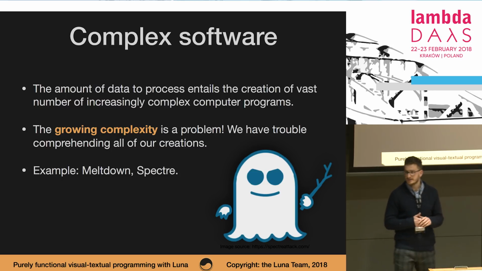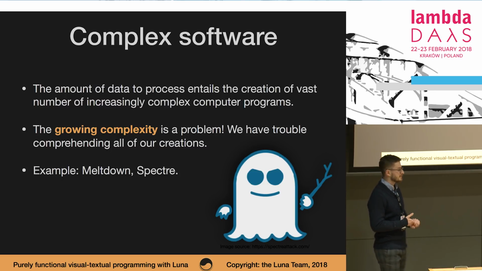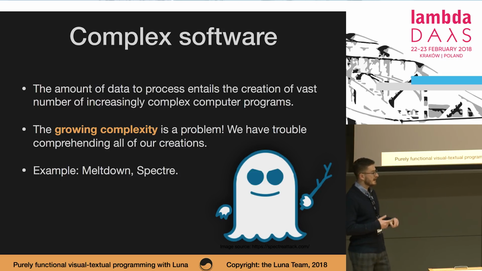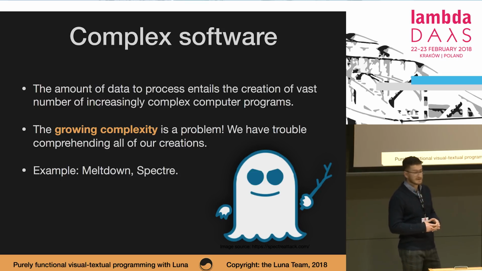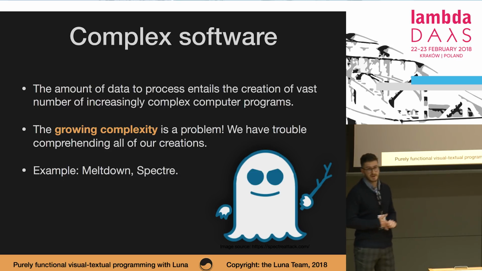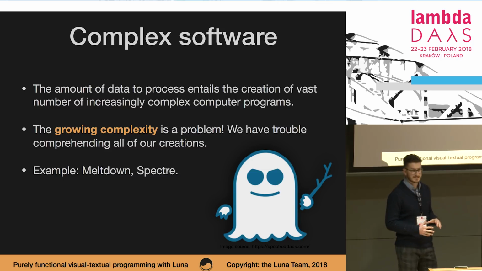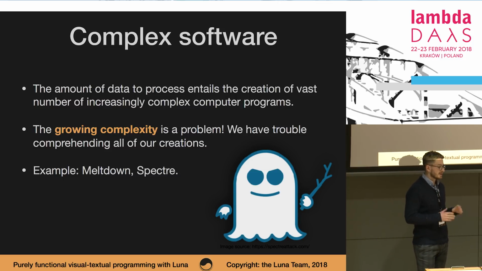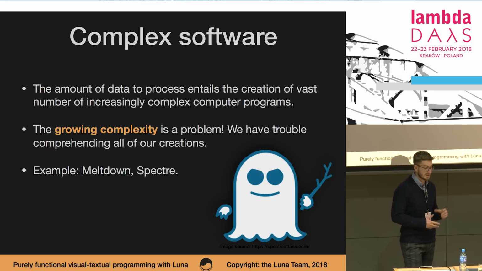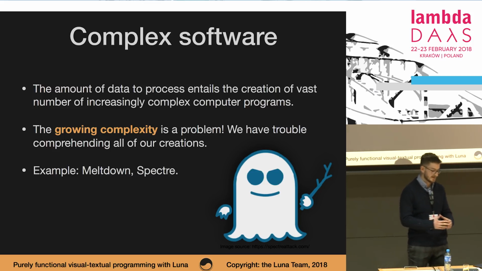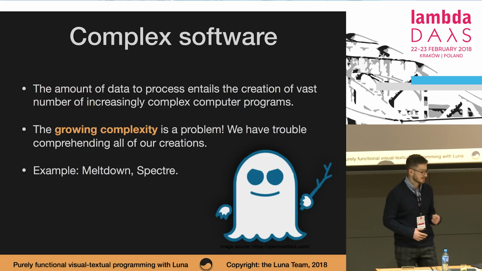And actually, I'll risk saying that right now, we have trouble understanding some of our creations. If you want a simple example, look at the Meltdown and Inspector bugs. We've got processors which are insanely complex, and yet we were taking them 100% for granted, right? They just worked. And then they turned out to have a massive hole inside that's causing losses right now.